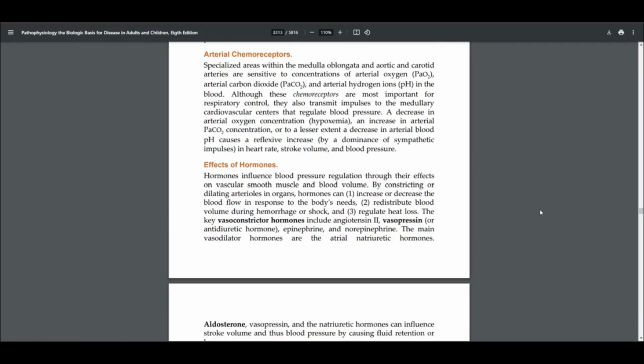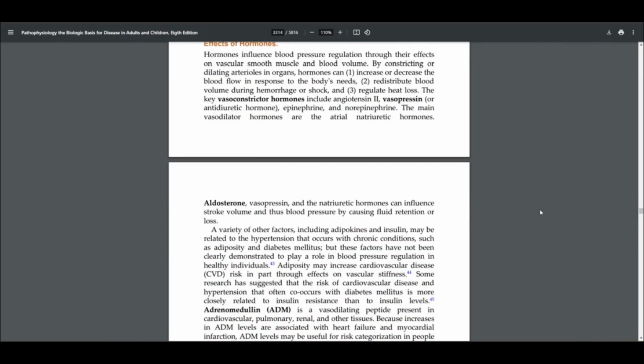The effects of hormones. Hormones influence blood pressure regulation through their effects on vascular smooth muscle and blood volume. By constricting or dilating arterioles in organs, hormones can increase or decrease blood flow in response to the body's need, redistribute blood volume during hemorrhage or shock, and regulate heat loss.